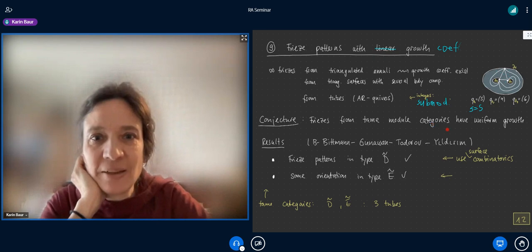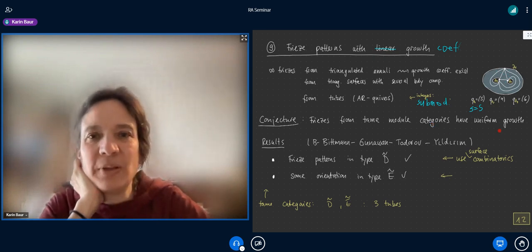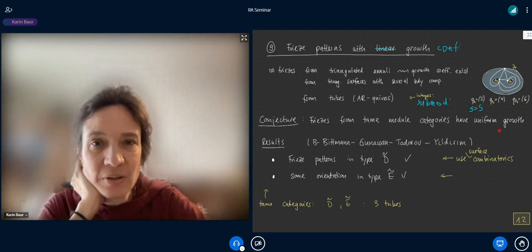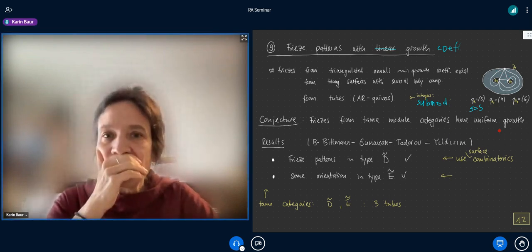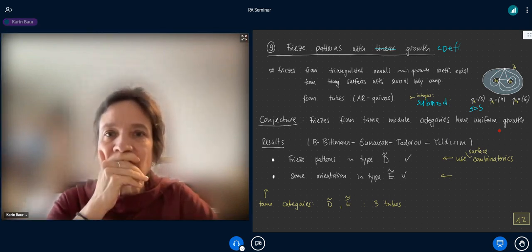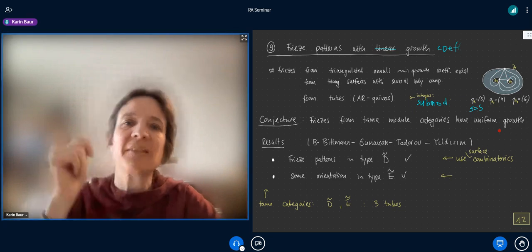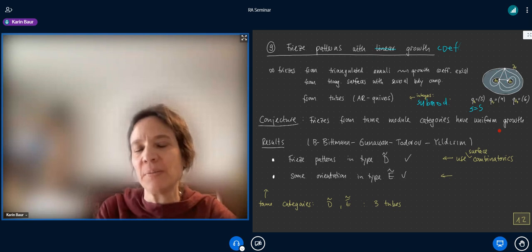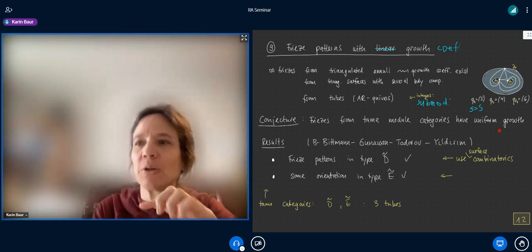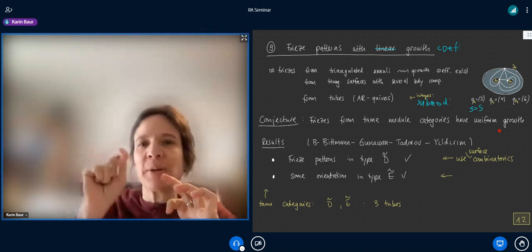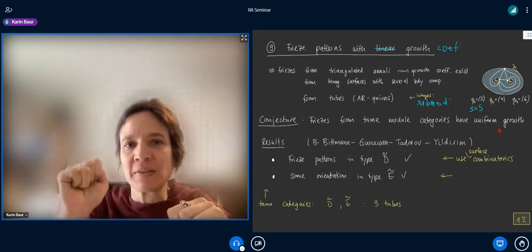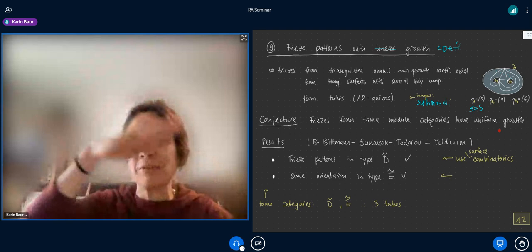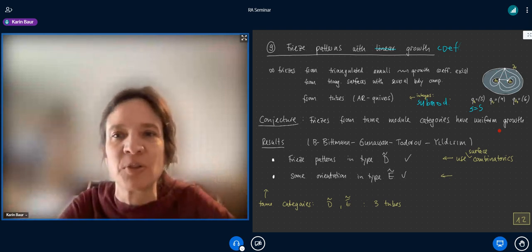In fact, we expect that tame module categories have the same behavior. Well, in some sense, in the tame module category, when you look at the tube of rank R, you know that everything up to level R-1 are rigid objects, and the growth coefficient really comes from that level where you stop having rigid objects.